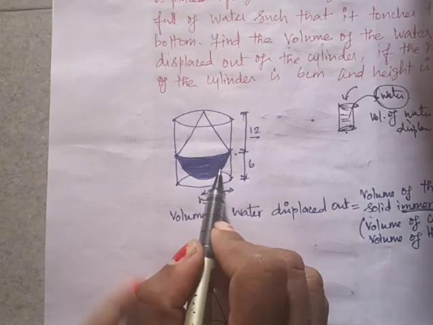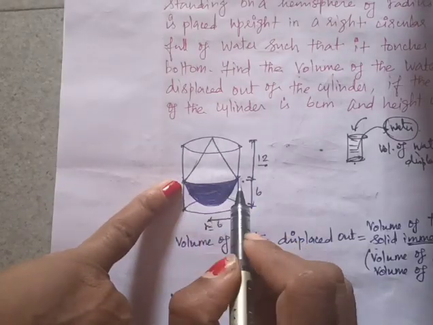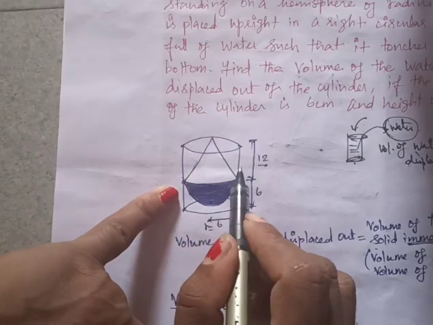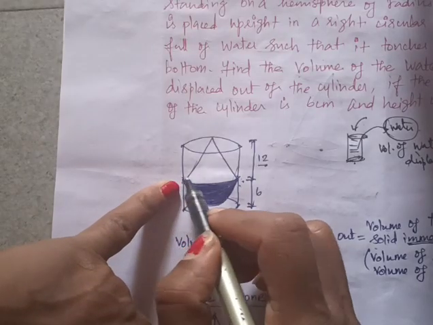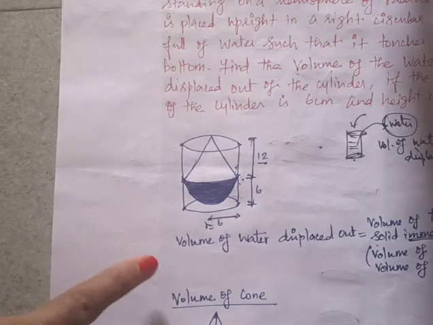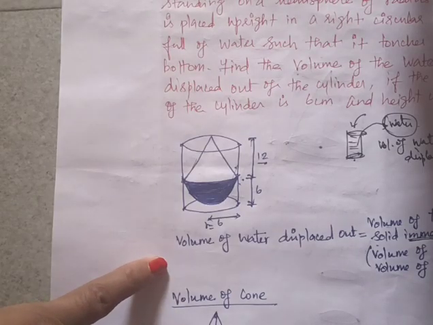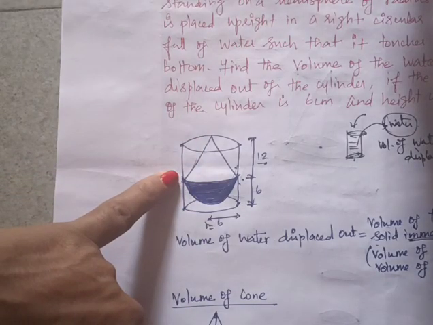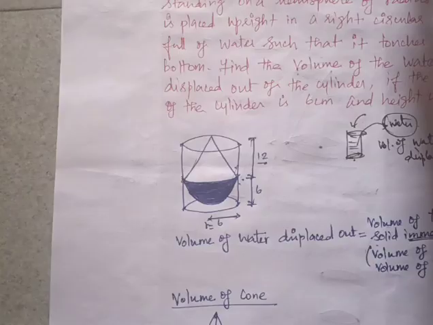In this sum, the solid immersed is in the form of a hemisphere with a right circular cone. So we have to find the water displaced by adding the volume of the cone plus the volume of the hemisphere.